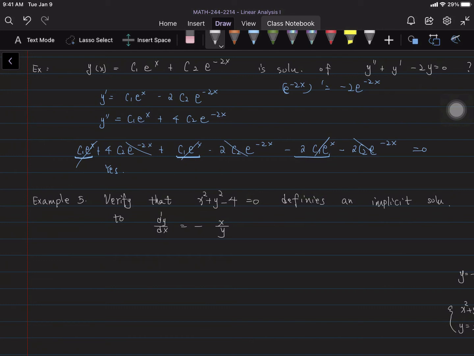But here it is implicit. So what should we do here? We do implicit differentiation. So think about calculus 1. How to do implicit differentiation? Here we treat y as a function of x.